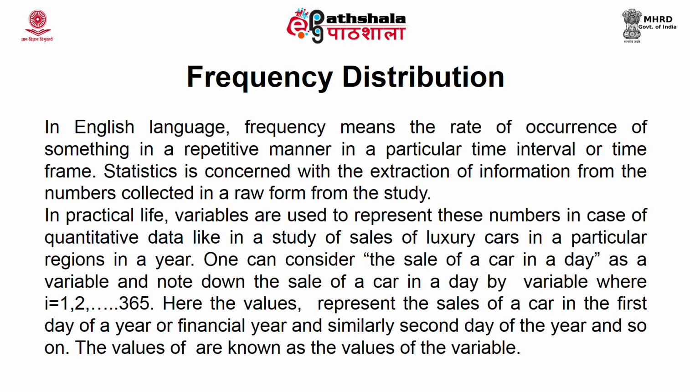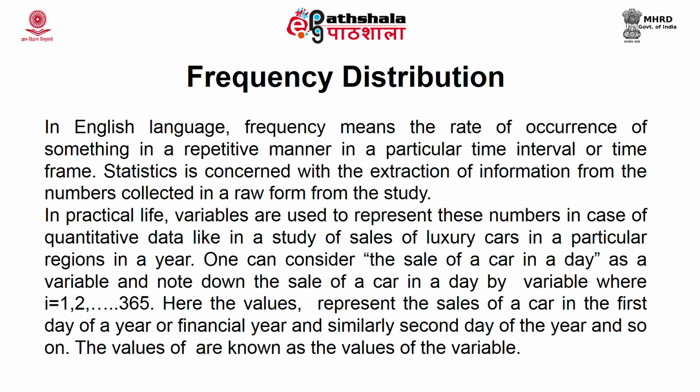One can consider the sale of a car in a day as a variable and note down the sale of a car in a day by a variable denoted as x subscript i, where i takes values from 1 to 365 that represent the days in a year.